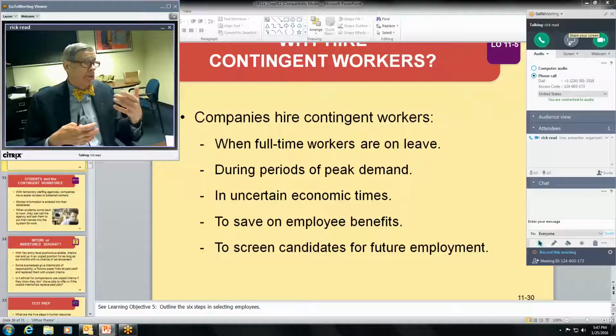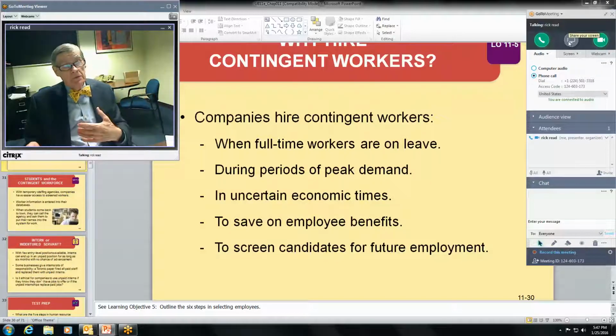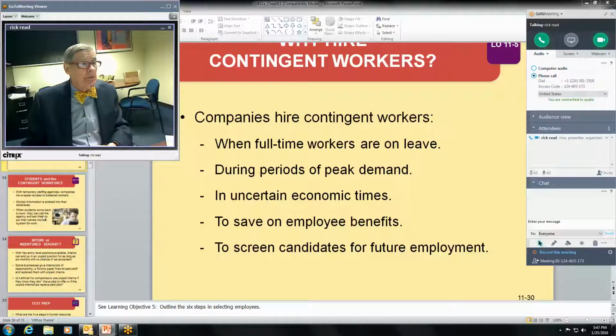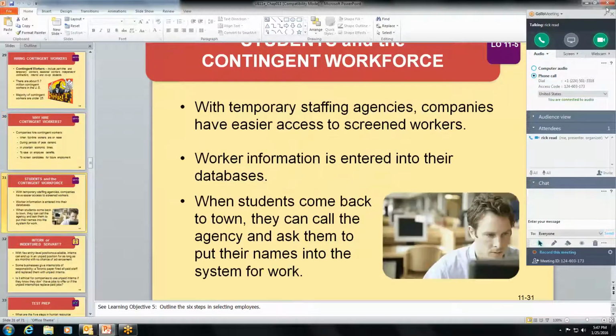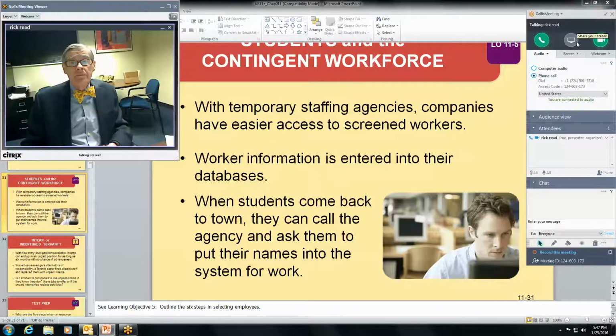It's also an opportunity to perhaps screen people for potential employment down the road. There are employment agencies, staffing agencies that you can use, and that's probably a good thing to do because they will let you know when a potential employee is good, bad, or indifferent.